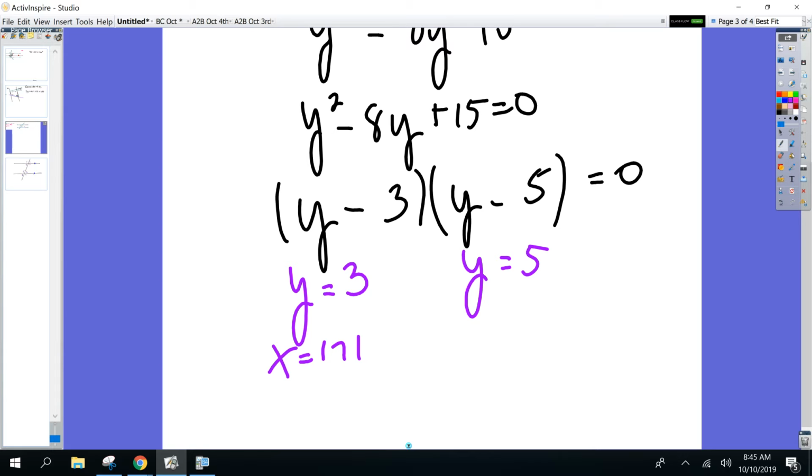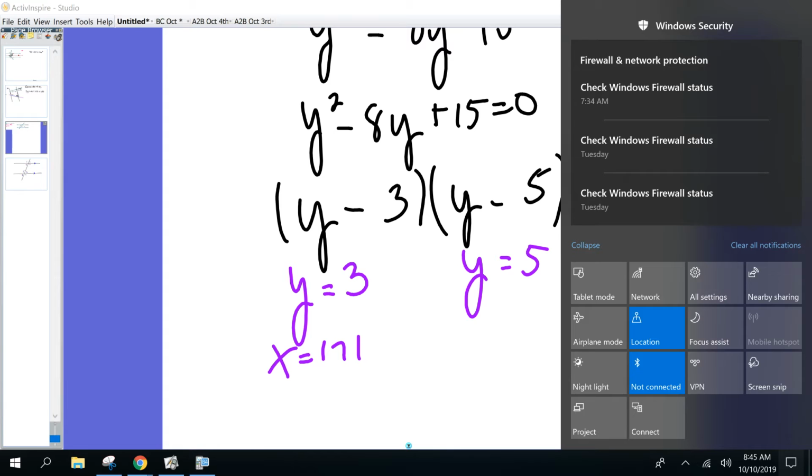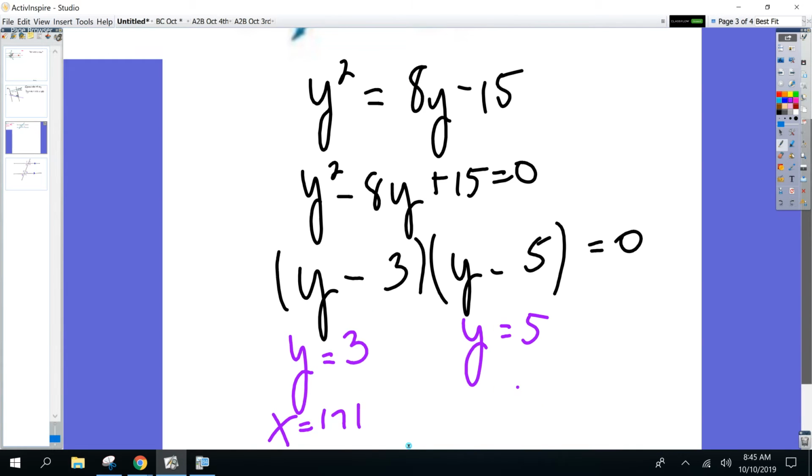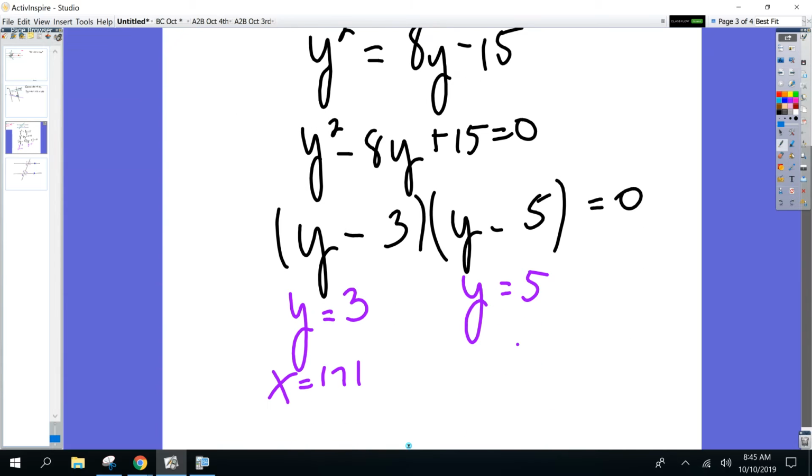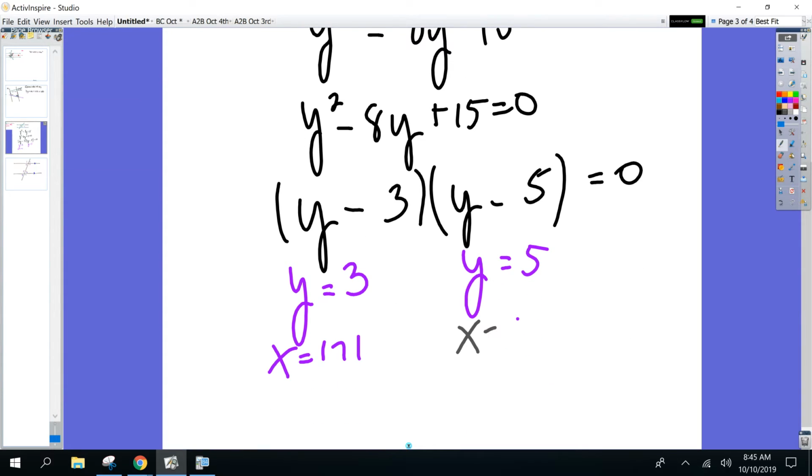All right, well, there's another option. What if y was 5 now? If y is 5, that angle now will become 25, 5 squared, and you said they're supplementary, so 180 minus 25. Oh boy.